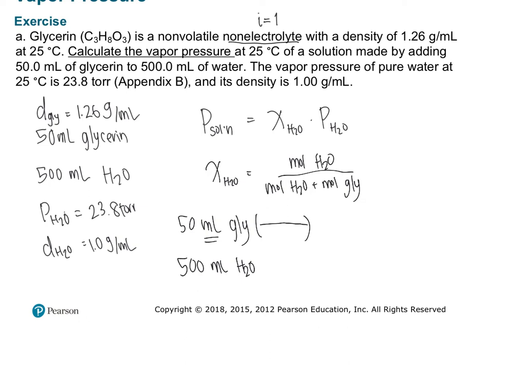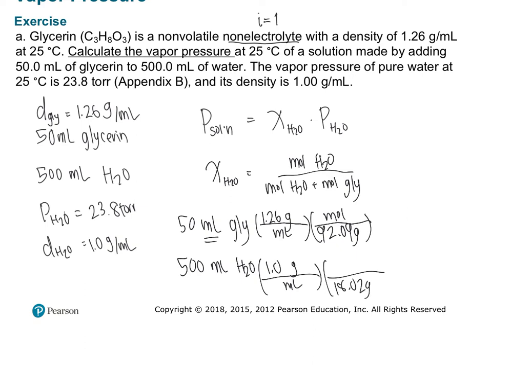So I'm going to plug that in for glycerin, 1.26 grams per milliliter, and for water, 1.0 gram per milliliter. Now I'm in grams, so going to moles, we're going to use a molar mass. The molar mass of glycerin is 92.09 grams per mole, and for water it is 18.02 grams per mole.